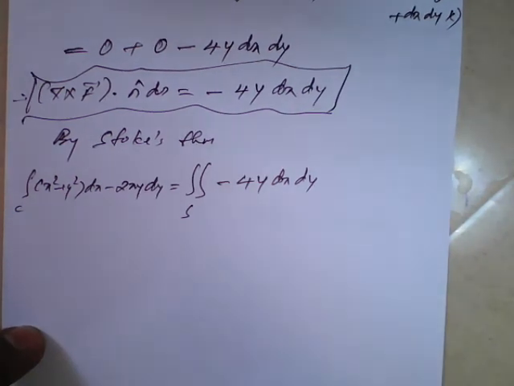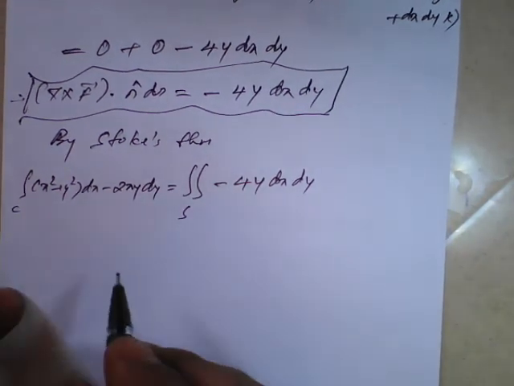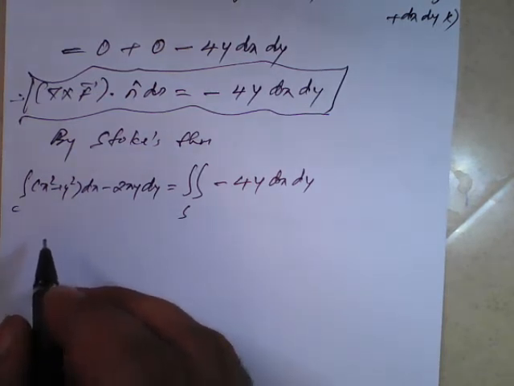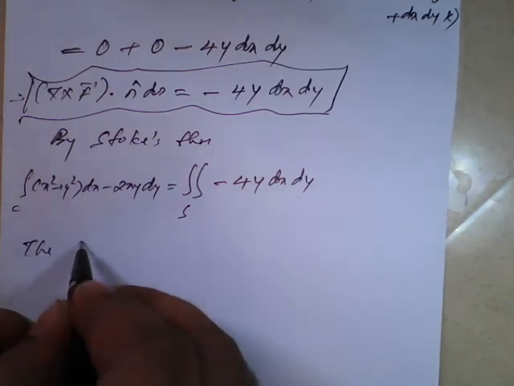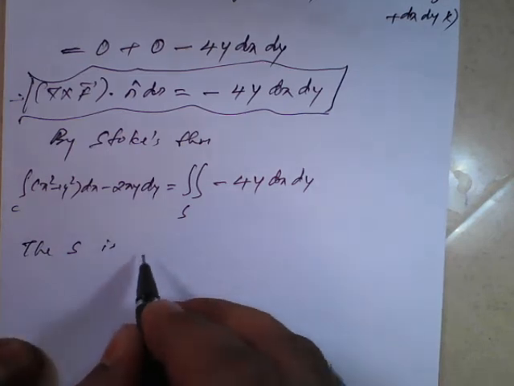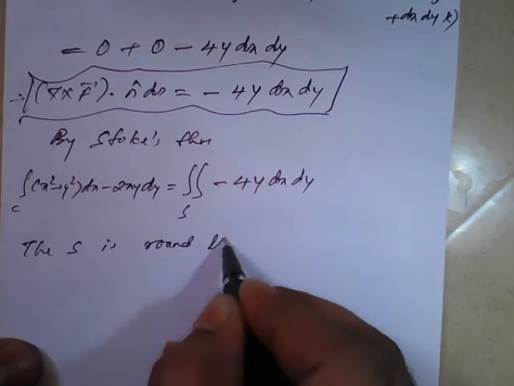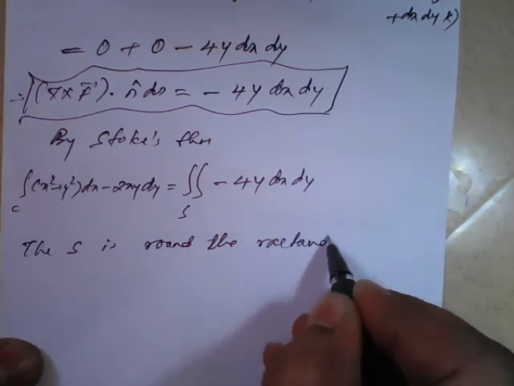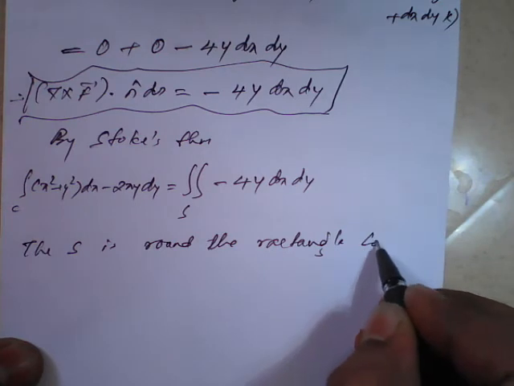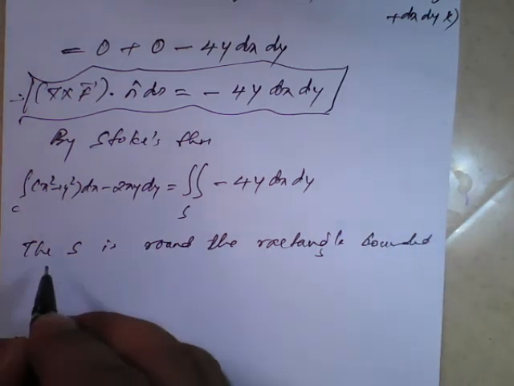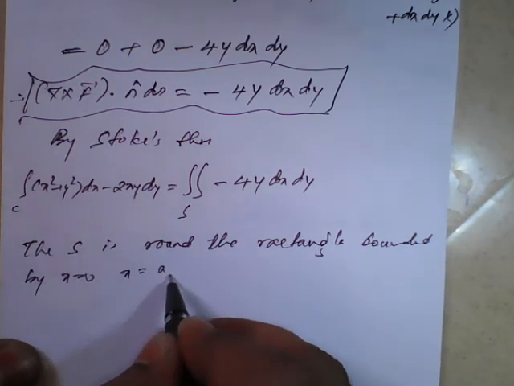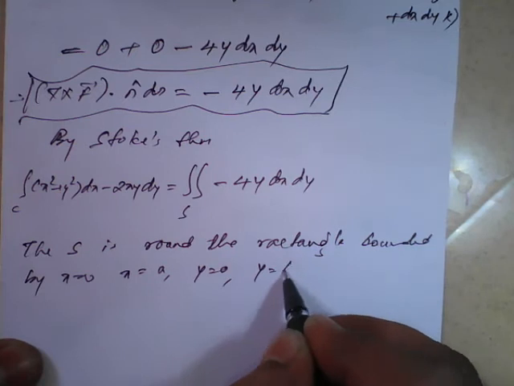They have instructed in the question itself that the surface S is the rectangle bounded by x equals 0, x equals a, y equals 0, y equals b.